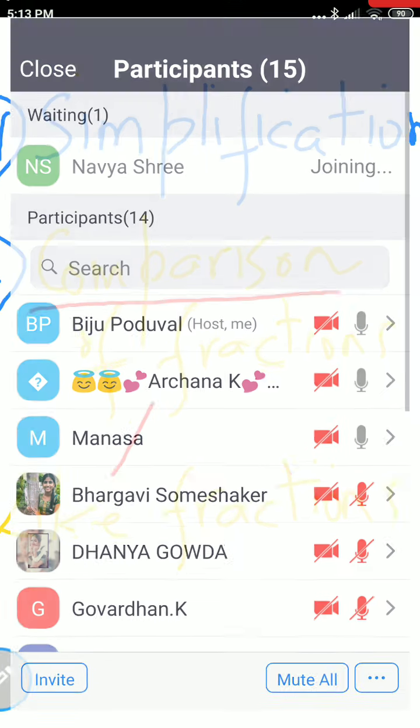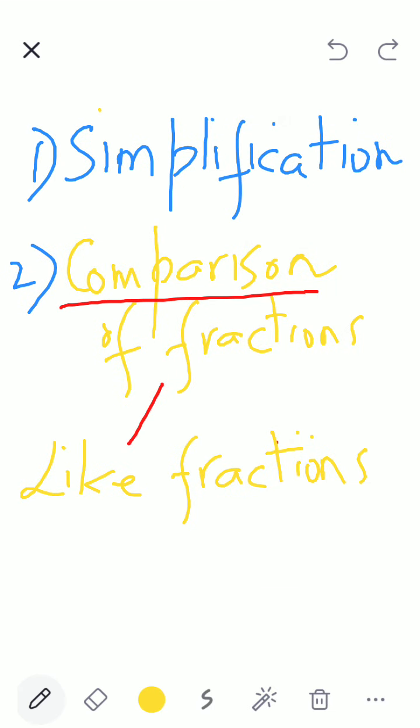Very good. That means any two or more fractions having the same denominator, say for example 8 and 8, are called like fractions. That means 3 by 8 and 5 by 8, they are like fractions. And in like fractions, it becomes very easy to compare.